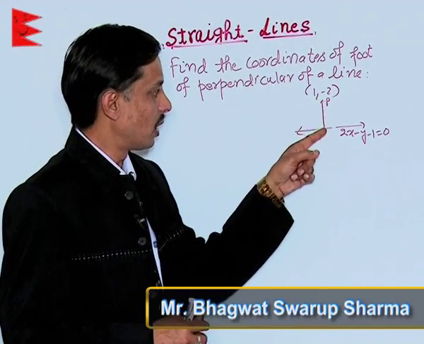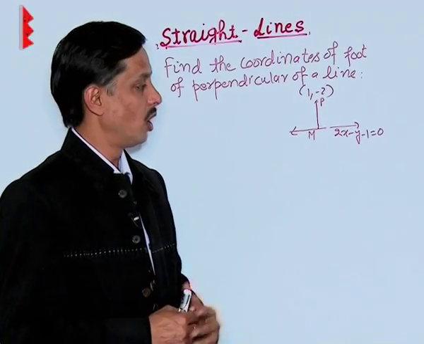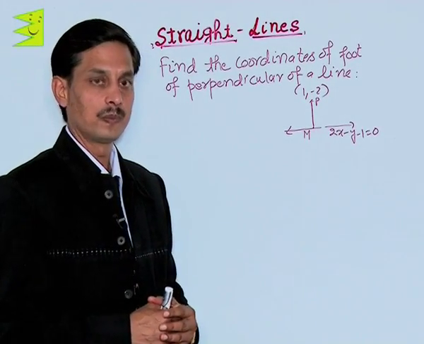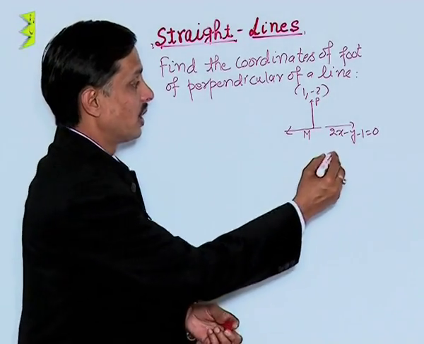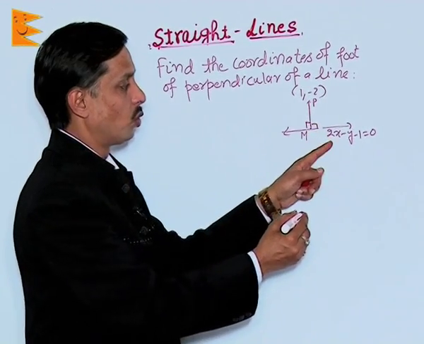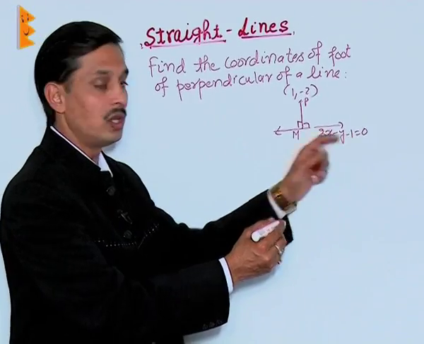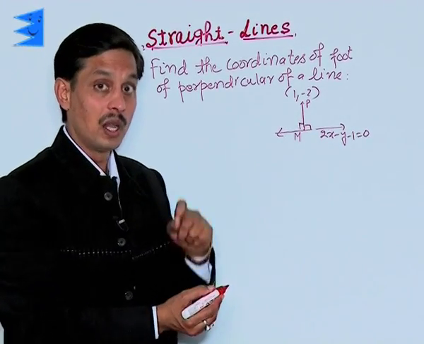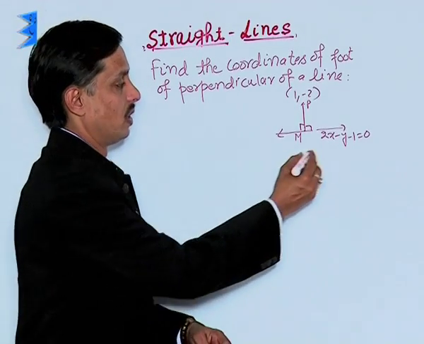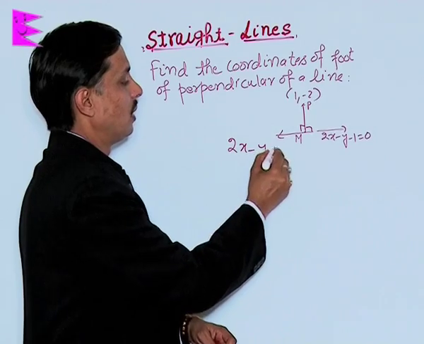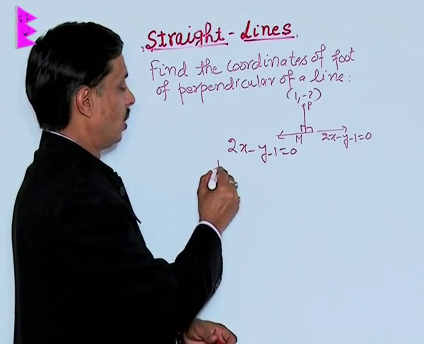From this point a perpendicular is drawn on the line 2x minus y minus 1 is equal to 0, with the foot of the perpendicular being here.